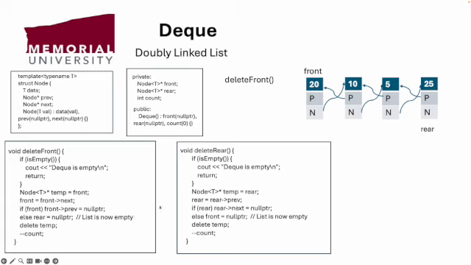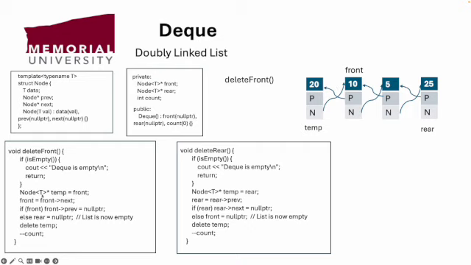Okay, so take a minute to look at how to delete front and delete rear. Let's walk through together. Once we do the delete front, this is not empty. We go here, create a temporary pointer pointing to the front node. Front will be equal to front's next. What's next is this one, right? So we change the position of front to this node.